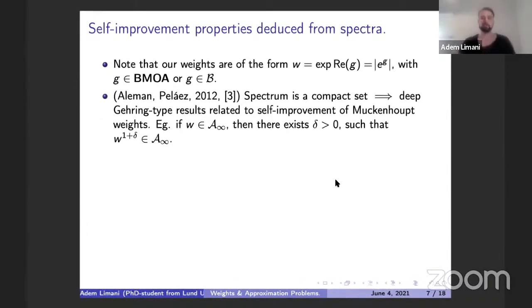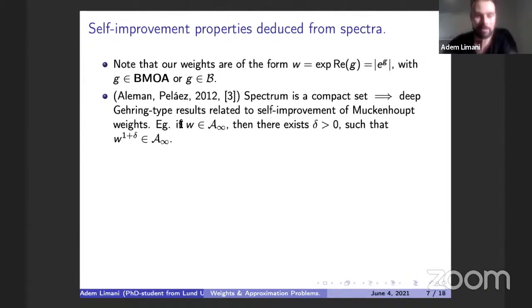Right. So I would like to put emphasis on the following very cool observation, which I think made us fall in love with this problem to begin with. With this connection between the spectrum of these T_g operators and weights, the point is that one could deduce, using basic facts about operator theory, like the spectrum being compact, deep Gehring-type results on self-improvements of Muckenhoupt weights.